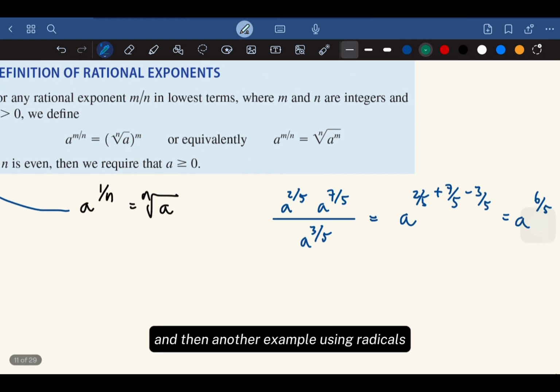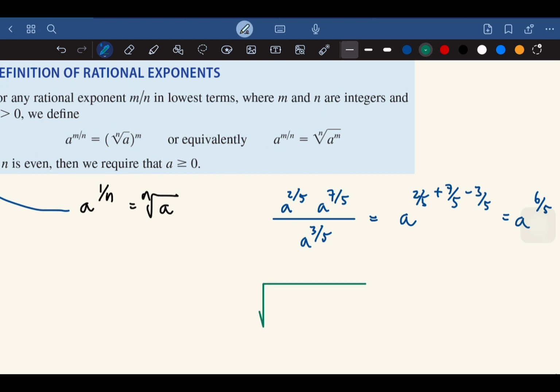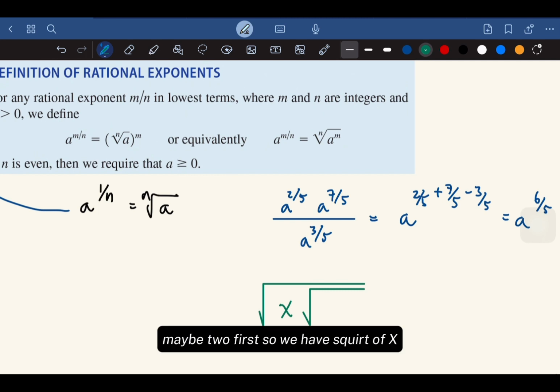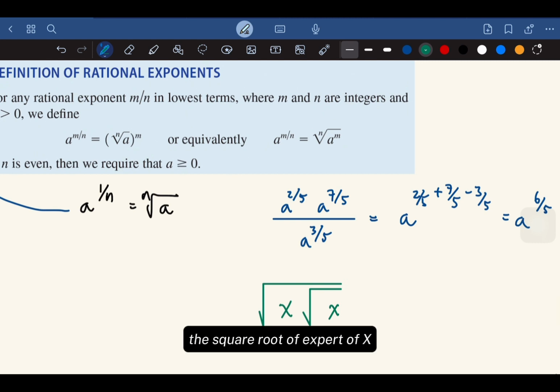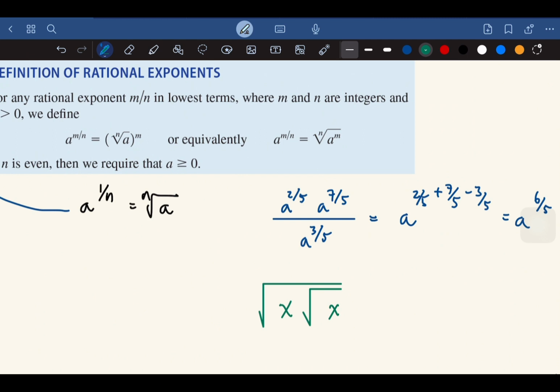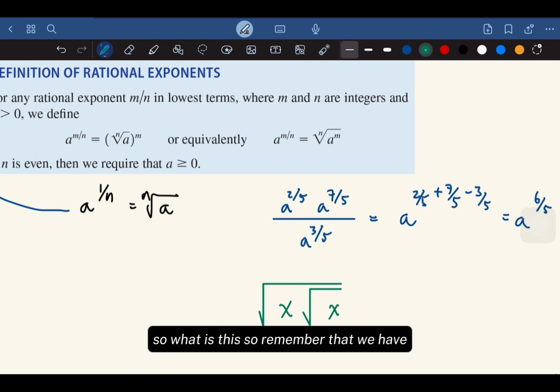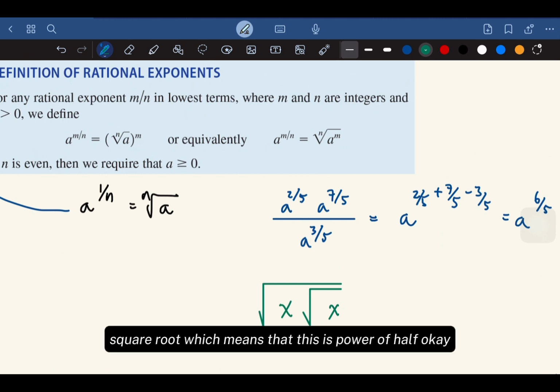And then another example using radicals. Maybe two first. So we have the square root of x times the square root of x. So what is this? Remember that square root means the power of half.